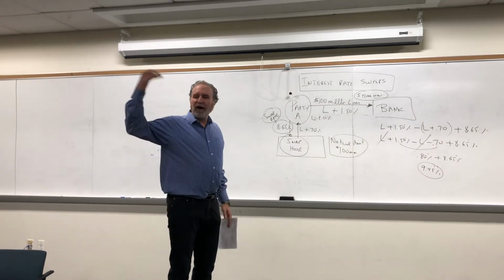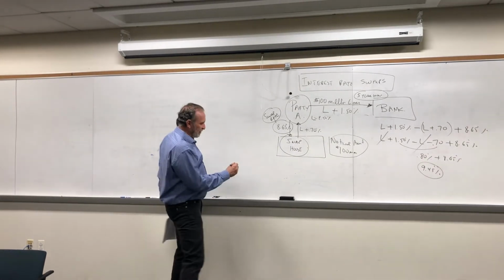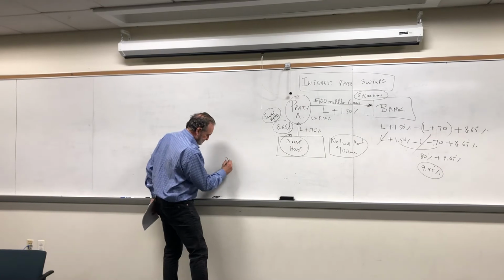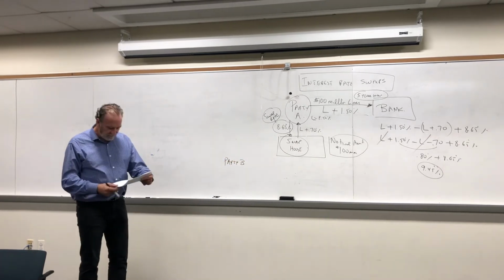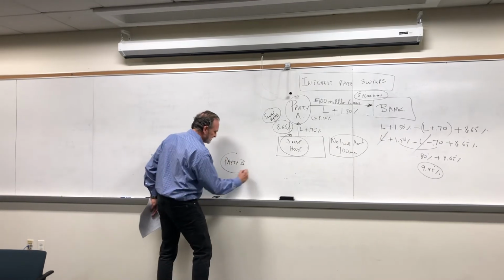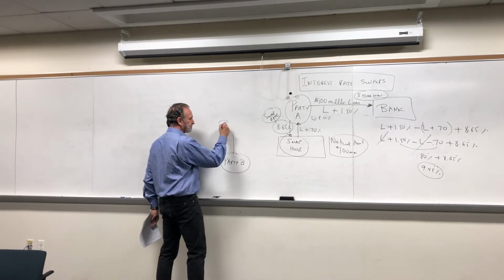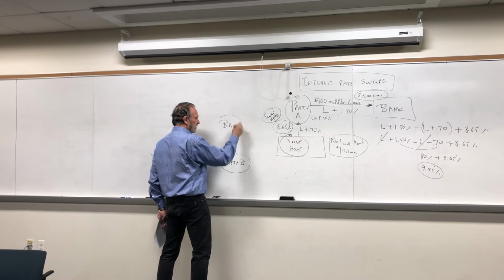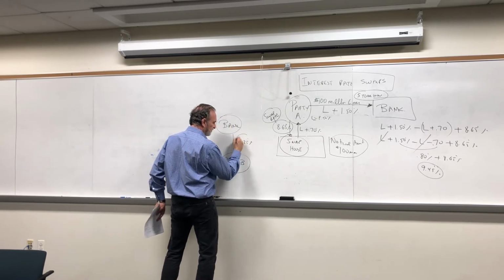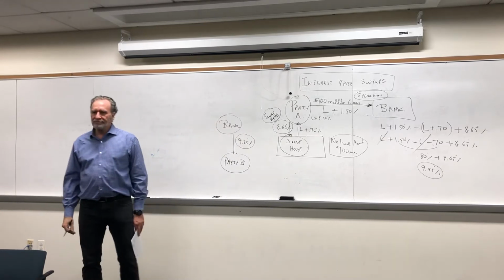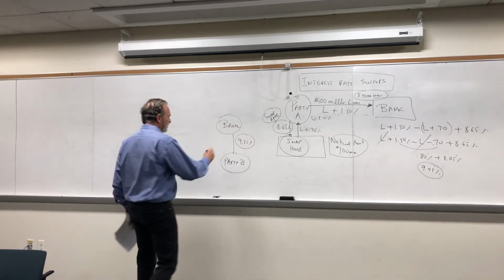They find another party. I'm going to call it party B. And let's say party B pays to the bank a fixed rate. Let's say a fixed rate of 925 on a $100 million loan.